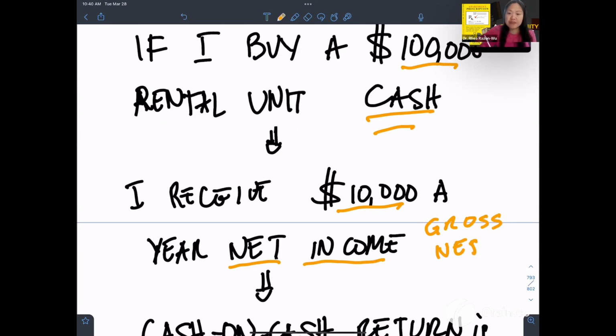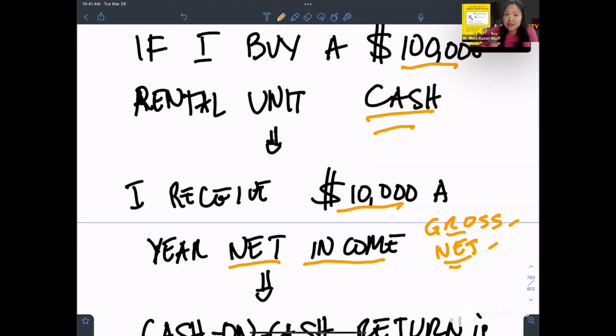Gross income, you have all the incomes, but you have not taken into account expenses, mortgages, your principal and interest, your property taxes, the repairs and maintenance. The net is after you deducted all the expenses, after paying the principal and interest, the property taxes, then the leftover is called net income.